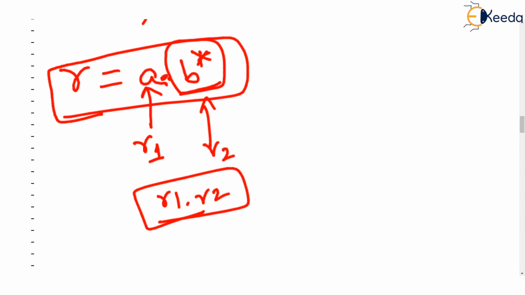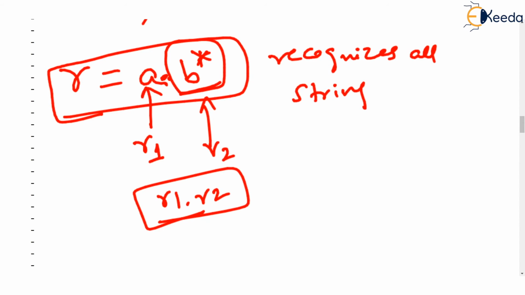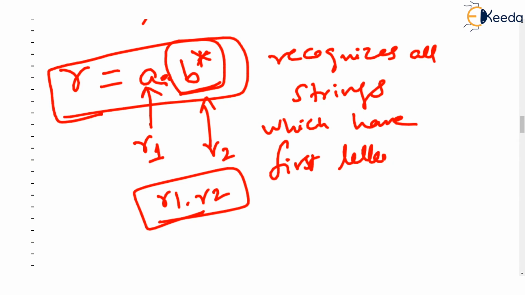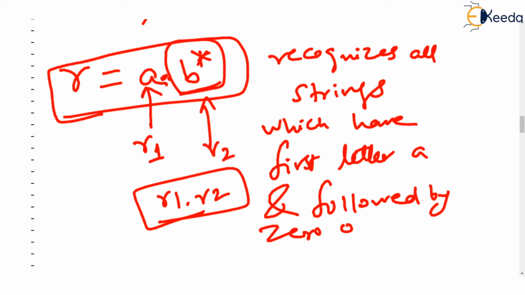It accepts all strings which have, just check this, the strings having first letter as A, and A is followed by 0 or more B's.